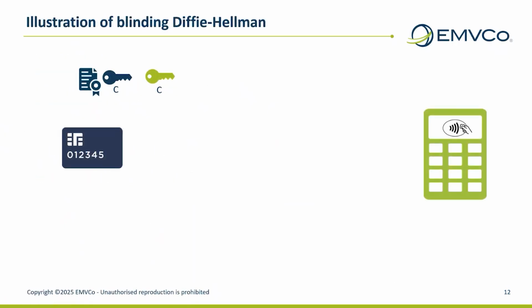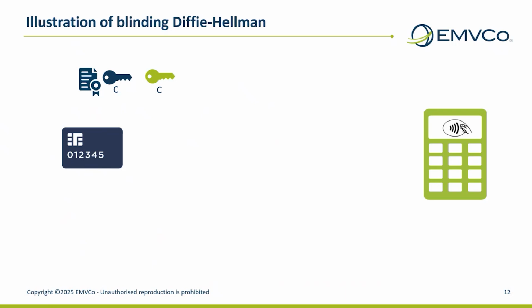I'll now provide you with a pictorial explanation of how blinded Diffie-Hellman works. As a preliminary, I'm sure you will recall that with ordinary Diffie-Hellman, two parties are able to establish a shared secret simply by exchanging their public keys. The public keys can both be ephemeral, or both be fixed, static, possibly certified, or they can be a mixture, with one static and the other ephemeral, as is essentially the case with EMV.